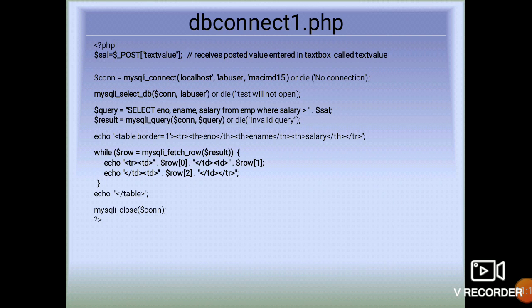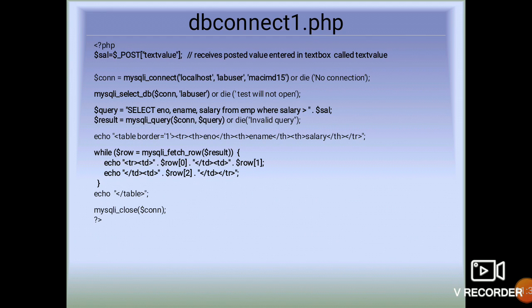Next, you have to mention the database you want to work upon. Next is the query. Let's see the query. $query equals select employee number, employee name, salary from employee table where salary is greater than $cell. Here $cell is the variable that holds the user given value, the user inputted value.